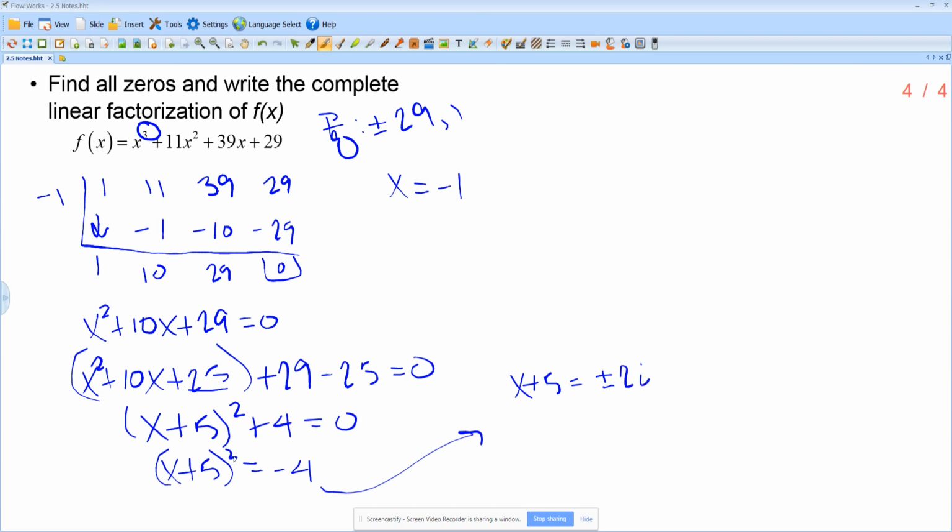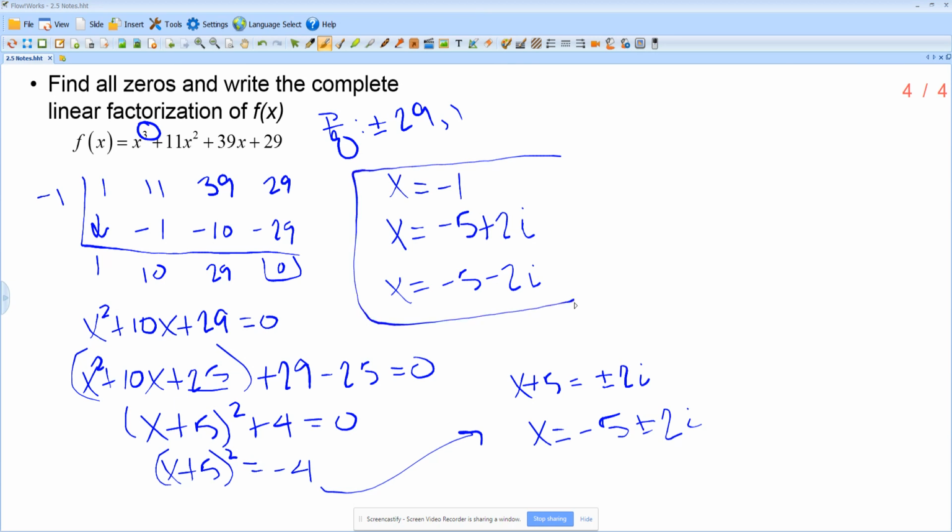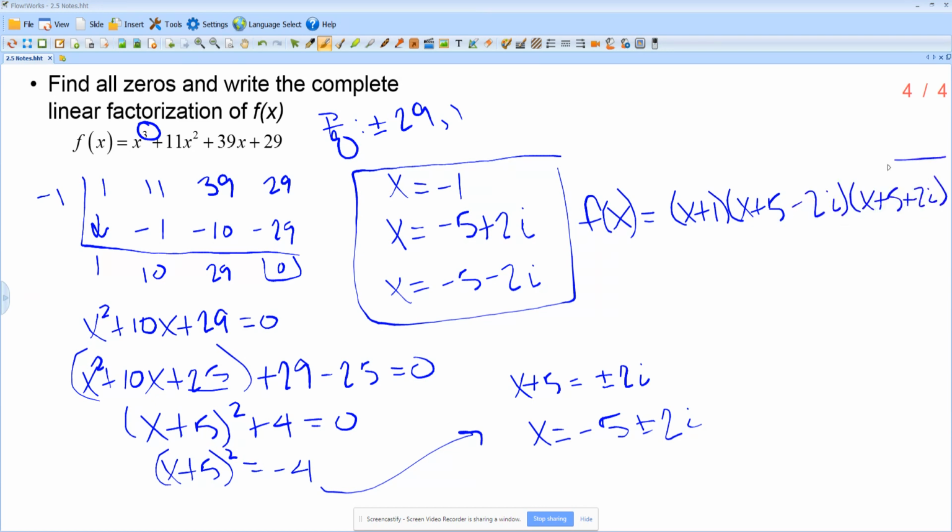I just square rooted both sides. So x equals negative 5 plus or minus 2i. So my zeros: negative 1, negative 5 plus 2i, negative 5 minus 2i. My linear factorization means f of x equals x minus each one of these. So x plus 1, x plus 5 minus 2i, x plus 5 plus 2i.